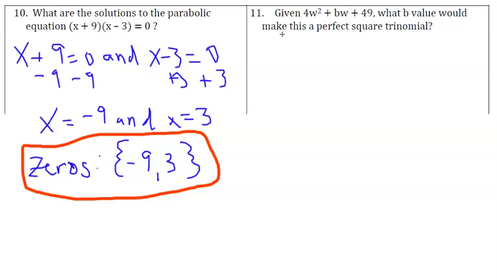Number 11. Given 4w squared plus bw plus 49, what b value would make this a perfect square trinomial? So we have our product AC, which is 49 times 4, that's 196.